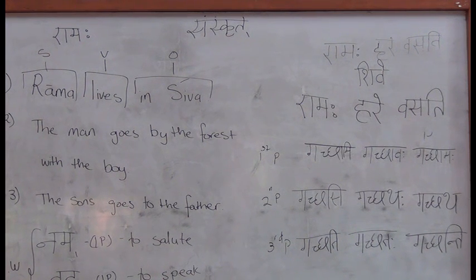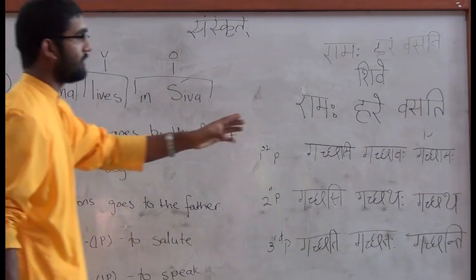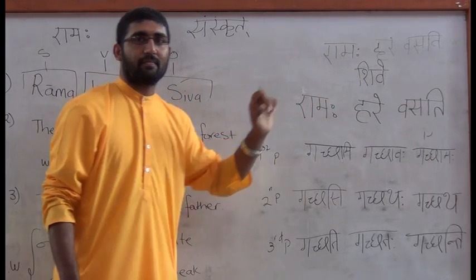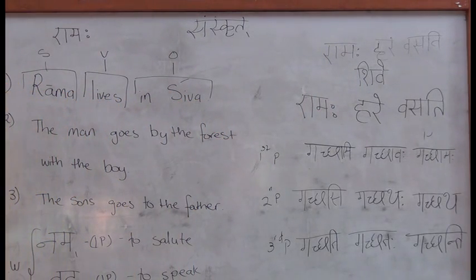Yes. Is Shiva in the right case? Shiva, the word right above, the one that also means Shiva. Is it also in the right case? Yeah. Very good. And now, who lives? Ram. So, he, she, or it lives.